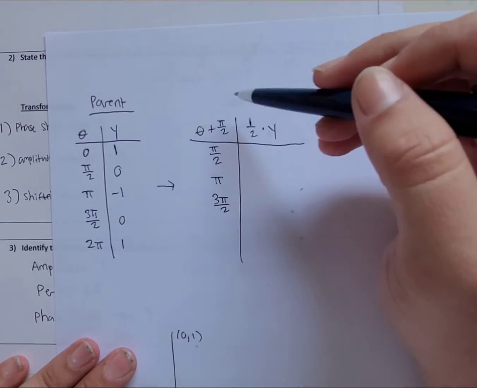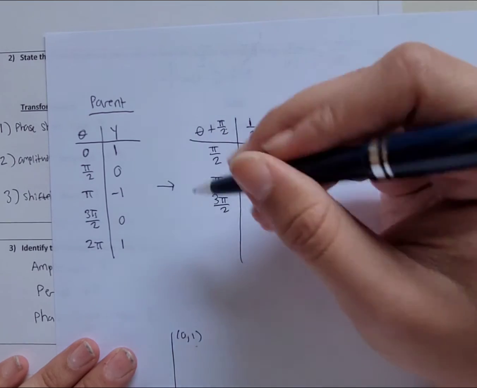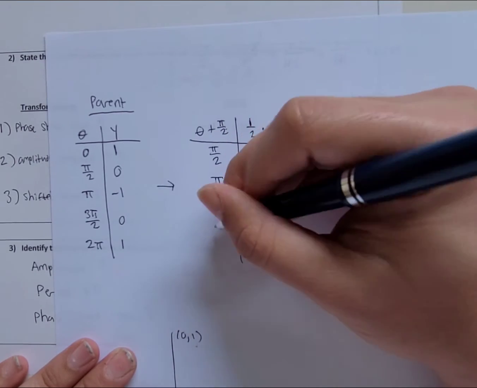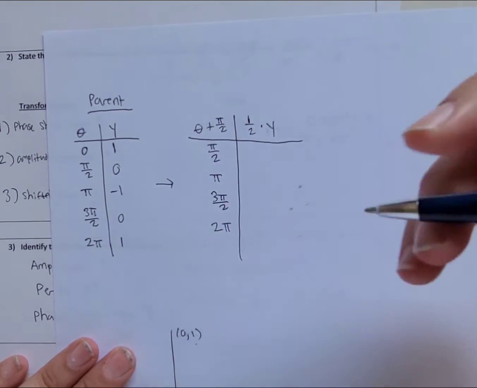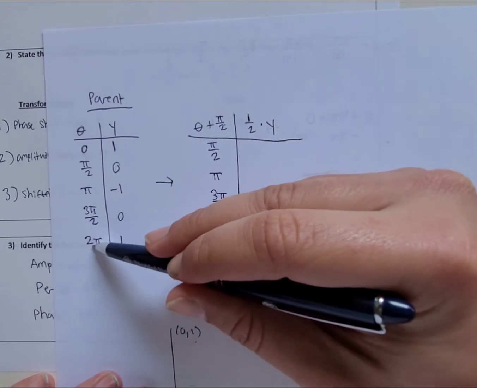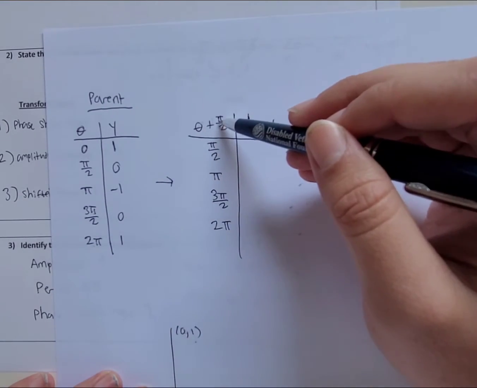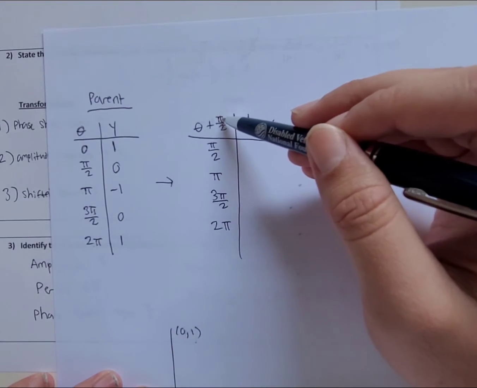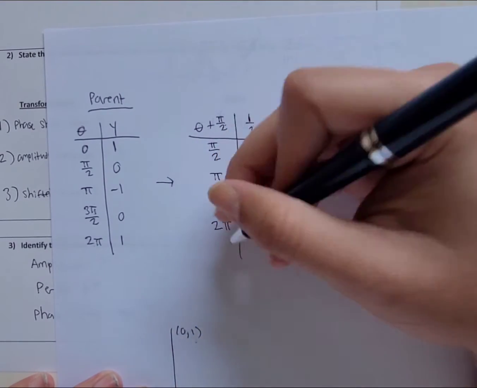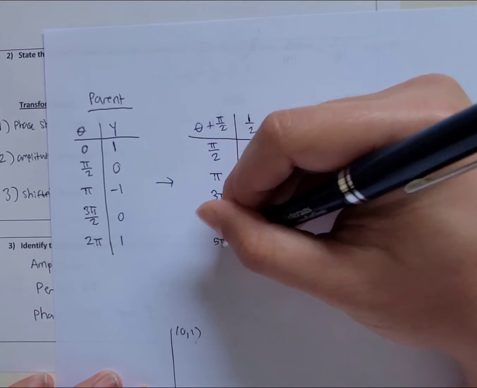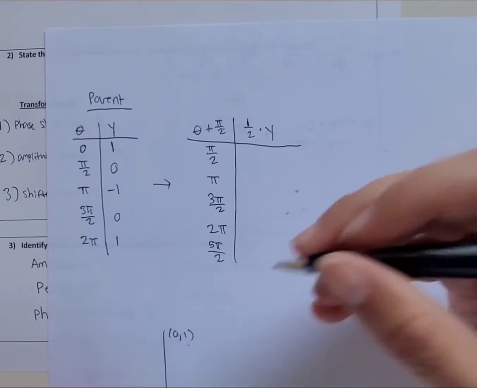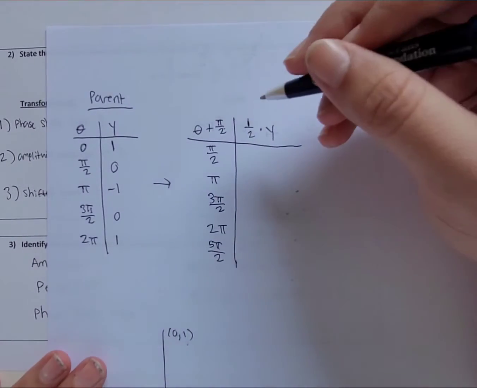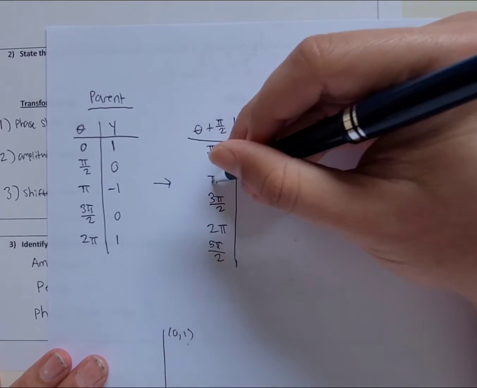If I have 3 pi over 2 and add one more pi over 2, I have 4 pi over 2, which is just 2 pi. And if I add 1 more pi over 2, I go from 4 to 5 pi over 2. All right, and these are going to be my theta values.